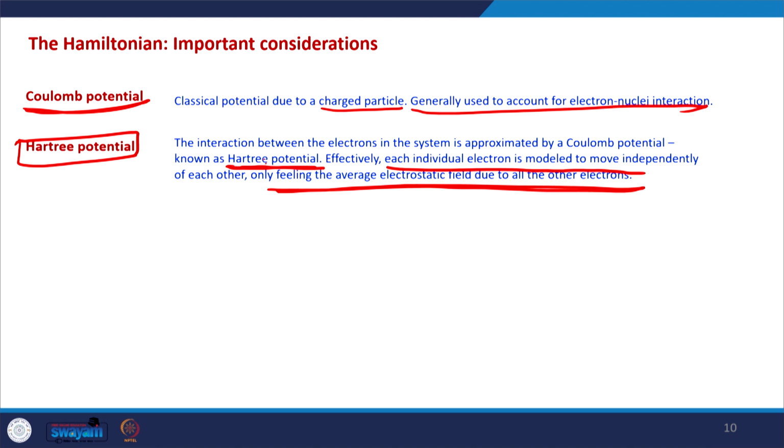So this Hartree potential in a way encapsulates the electron-electron interaction, and gives us the effective electrostatic potential in which we can assume that the electrons are moving independently of each other. So this electron-electron interaction has been modeled by this Hartree potential.